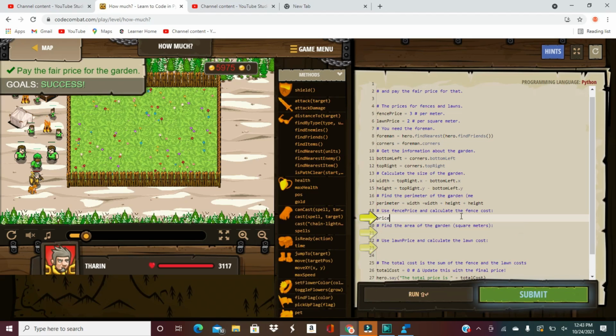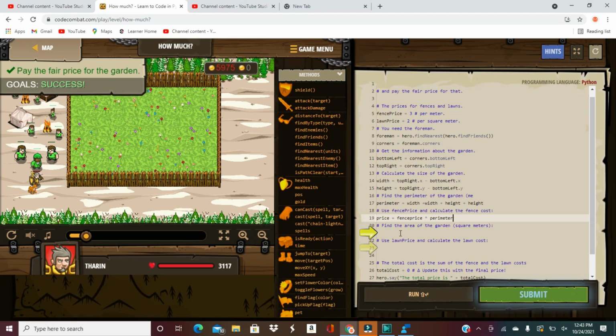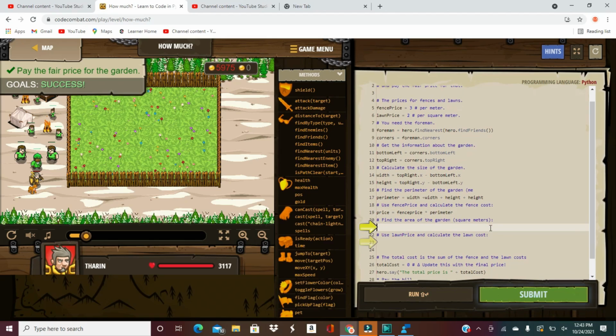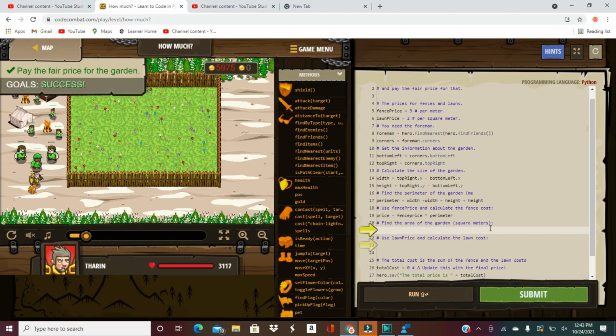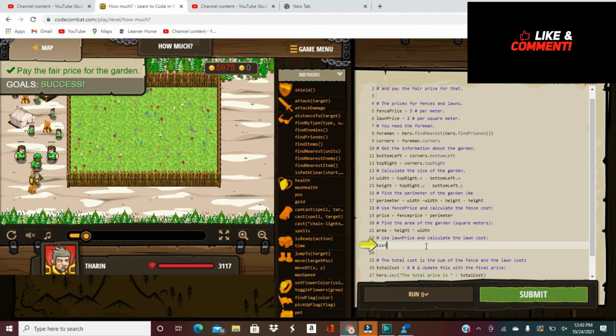So price equals fence price. I don't know, maybe times, because you're trying times perimeter. Find the area of the garden in square meters. So area equals height times width, and you use lawn price. So lawn price, cost.